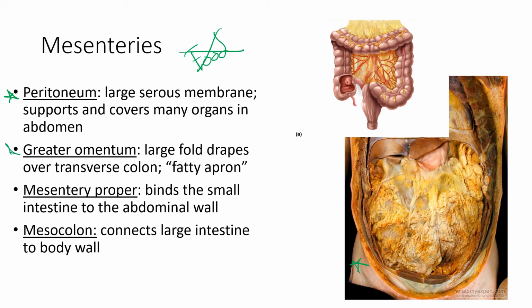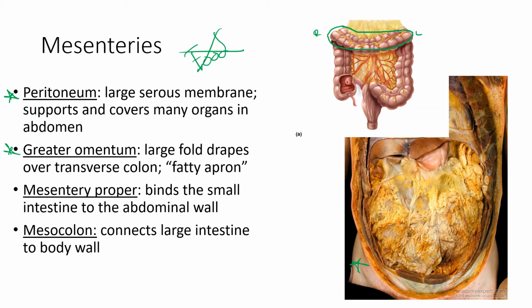The greater omentum is going to be a large fold that drapes over the transverse colon, and the transverse colon is going to be this structure up here. So transverse meaning from right to left, but that is going to be this little fatty apron that is going to drape over that.